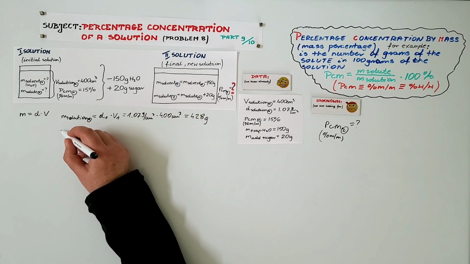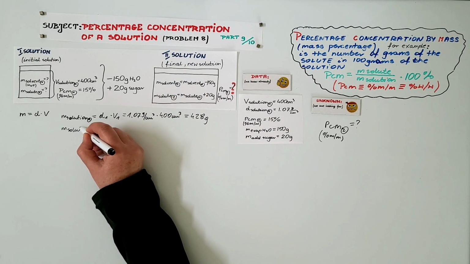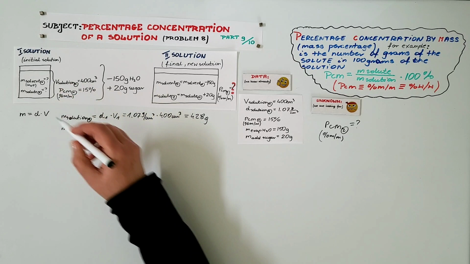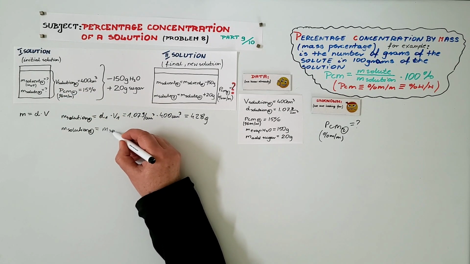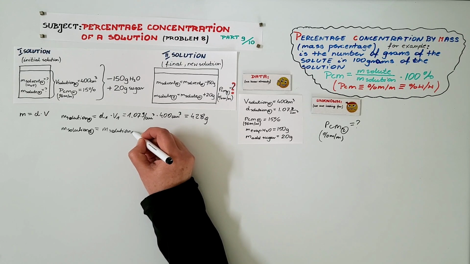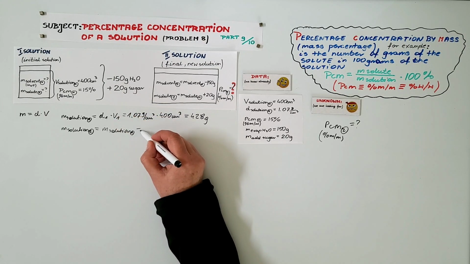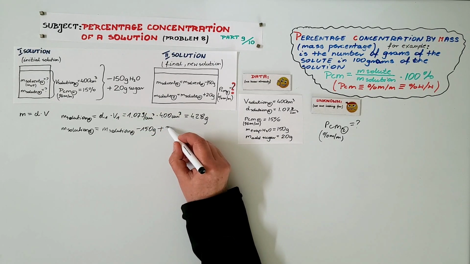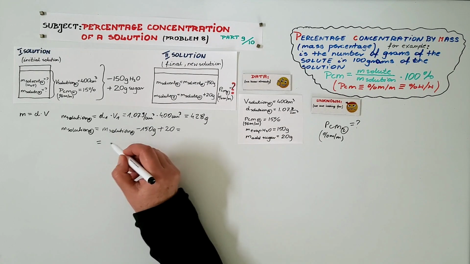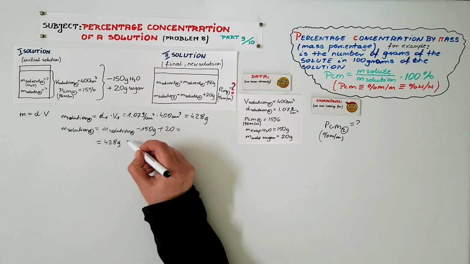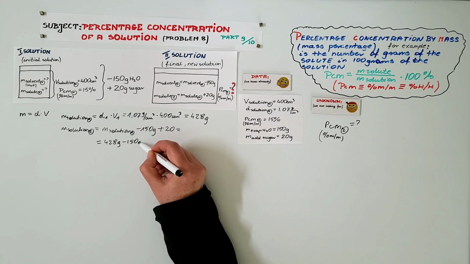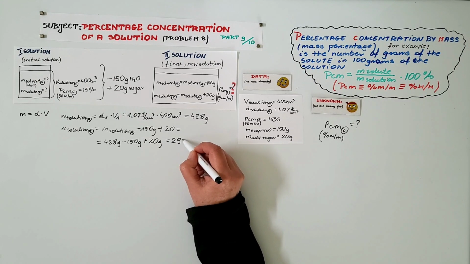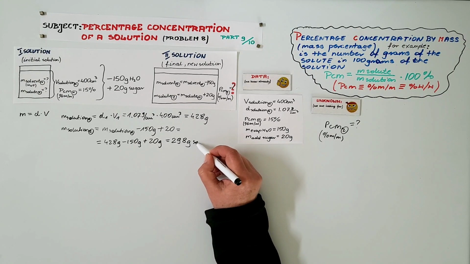Mass of solution 2 equals mass of solution 1 minus 150 grams plus 20 grams equals 428 grams minus 150 grams plus 20 grams equals 298 grams of solution 2.